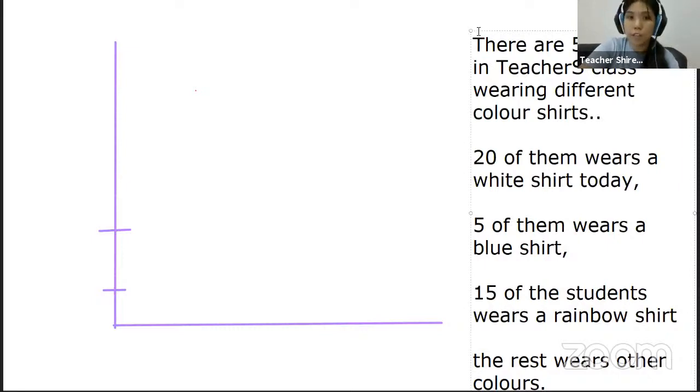Okay, let me see if I can draw on the sample graphic for you to see.